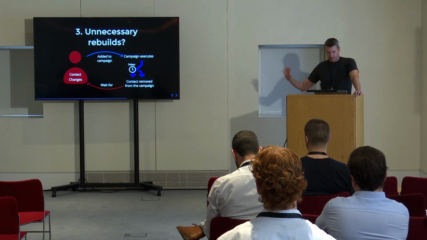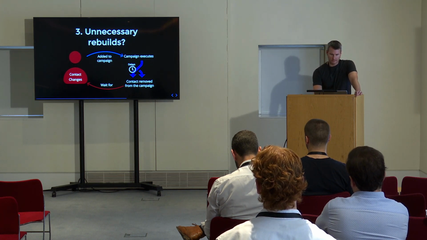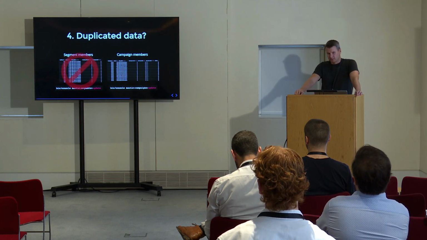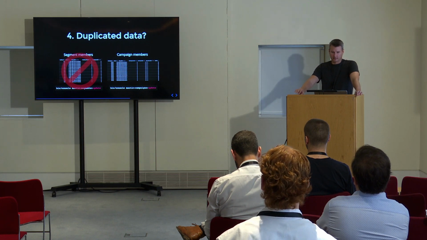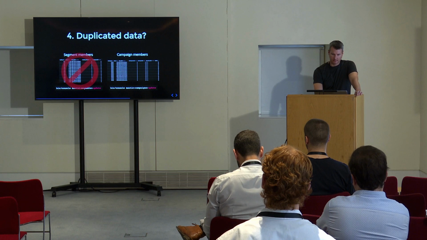And then once the campaign is done, you just remove the contact from the campaign, and it's waiting again until that contact is changed, and it can start over again. So duplicated data, you can just eliminate the segment membership completely. So half the data size is down.